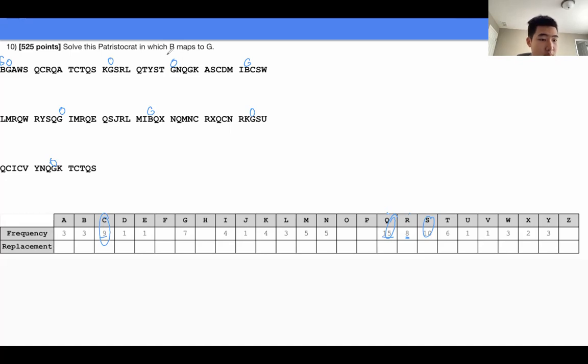Wait, no, there should be one more somewhere. Where did I miss it? Does anybody see an extra G somewhere? Oh, here it is. Okay. Oh, so over here it could be like out of or one of or something, but we can't be too sure.